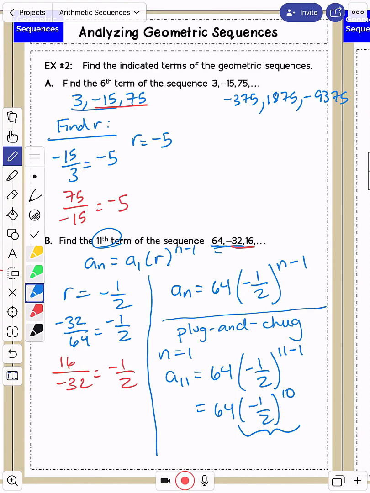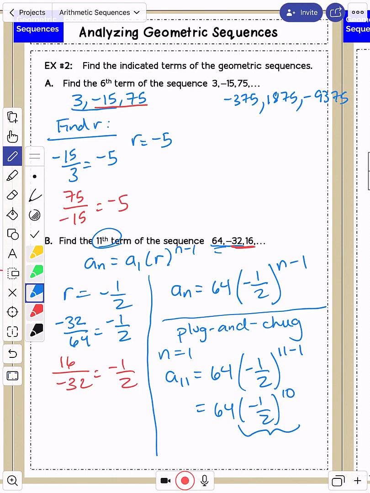I'm going to grab my calculator. So I want minus 0.5 raised to the, oh, that's raised to the 10th. Sorry about that, misspoke. All right, so minus 0.5 or minus a half raised to the 10th is a very tiny number.